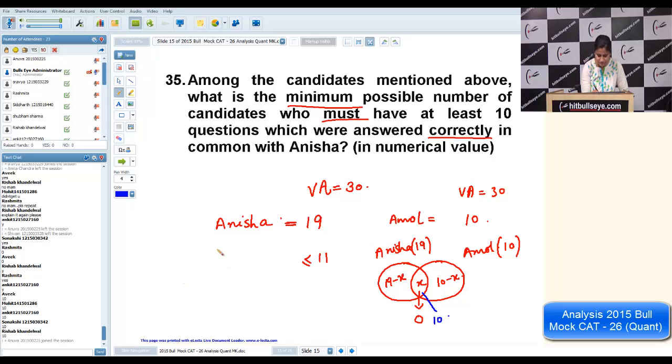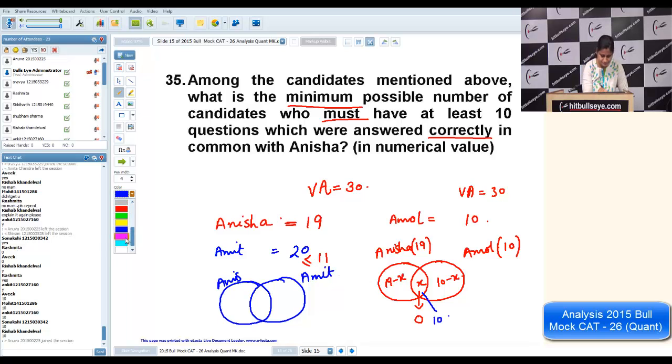Okay, let us take data of one more student, Amit. For Amit, the corresponding number is 20. Now let us make a Venn diagram for this. This is Anisha and this is Amit. Anisha's total is 19 and Amit's total is 20. Let us take the intersection to be y. It will be 19 minus y and 20 minus y. Now what should be the minimum value of y?